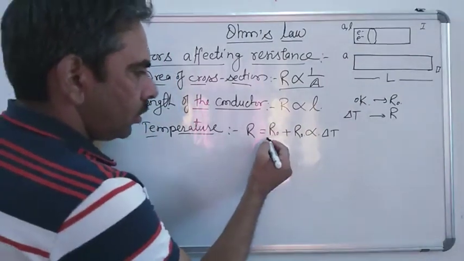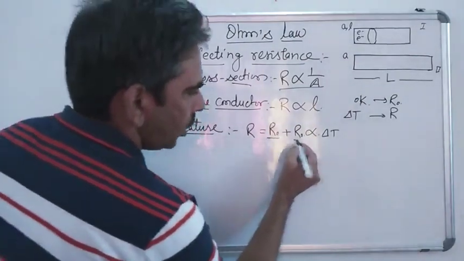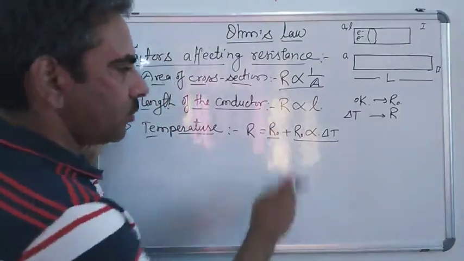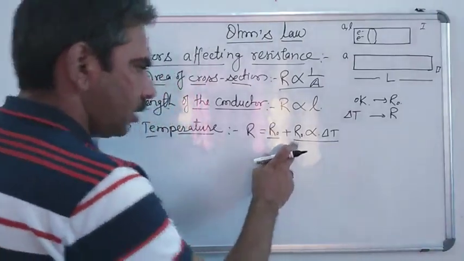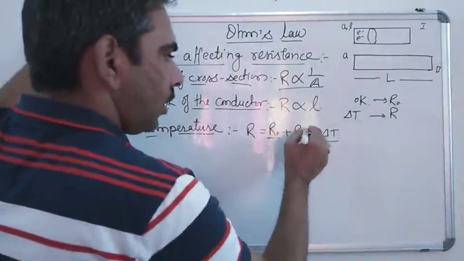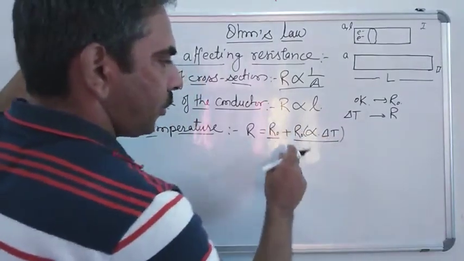So the resistance will be more by this factor, some multiple alpha delta T times R naught.